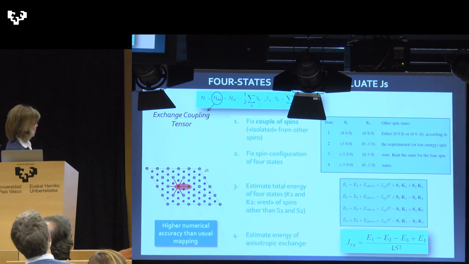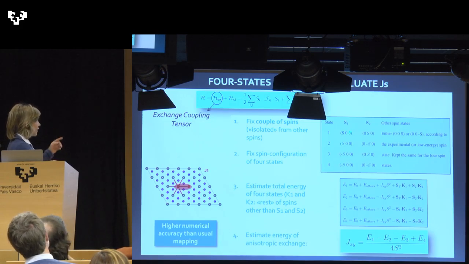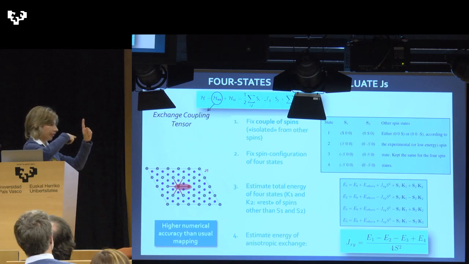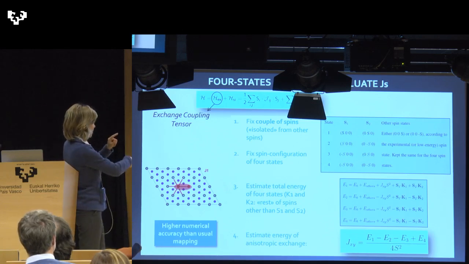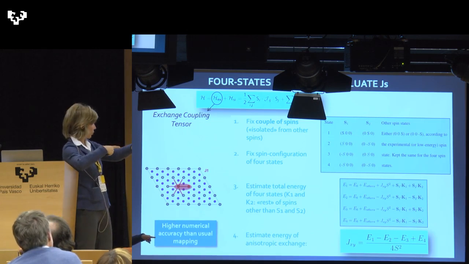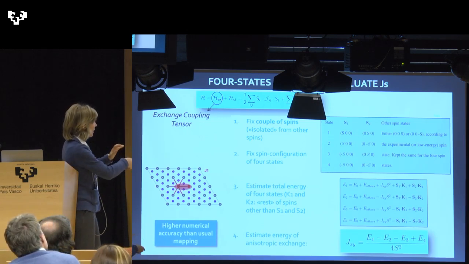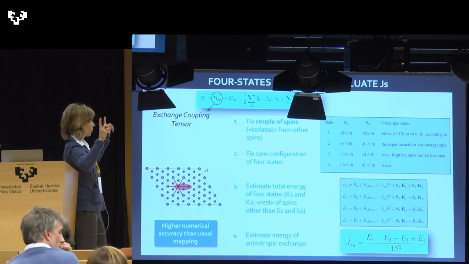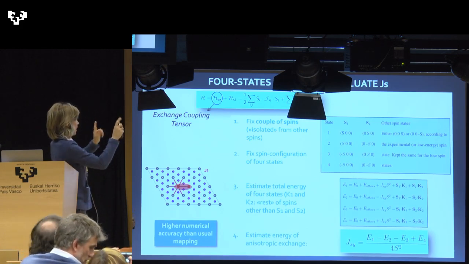So the way the four-state method works is the following. You fix a couple, and then you select different spin configurations. So for example, if you need to calculate Jxy, as in this case, you have your spin 1 along x and spin 2 along y, but then they are embedded in a bath of spins, which are, let's say, ferromagnetic.